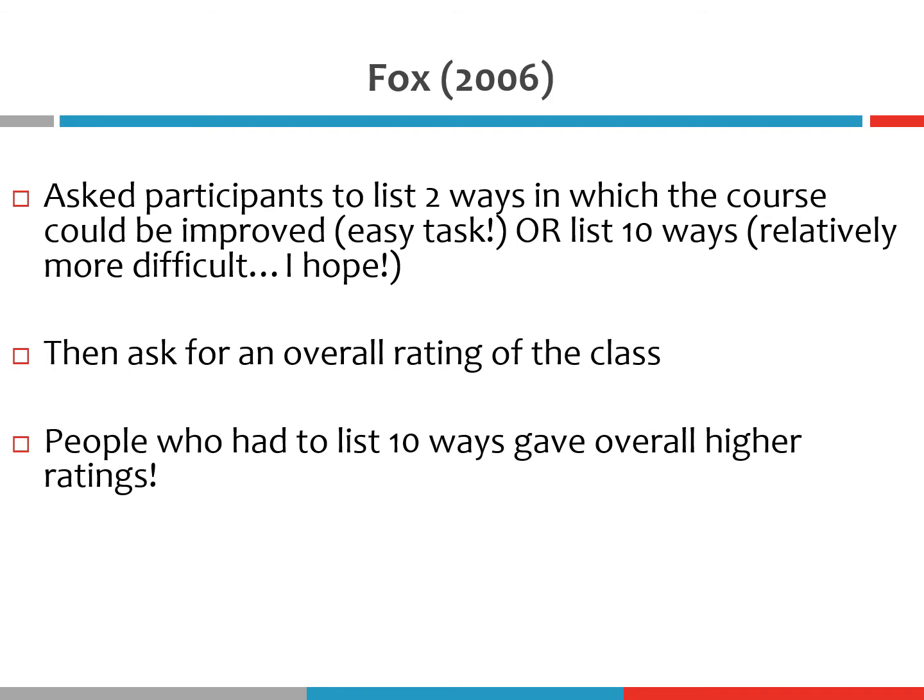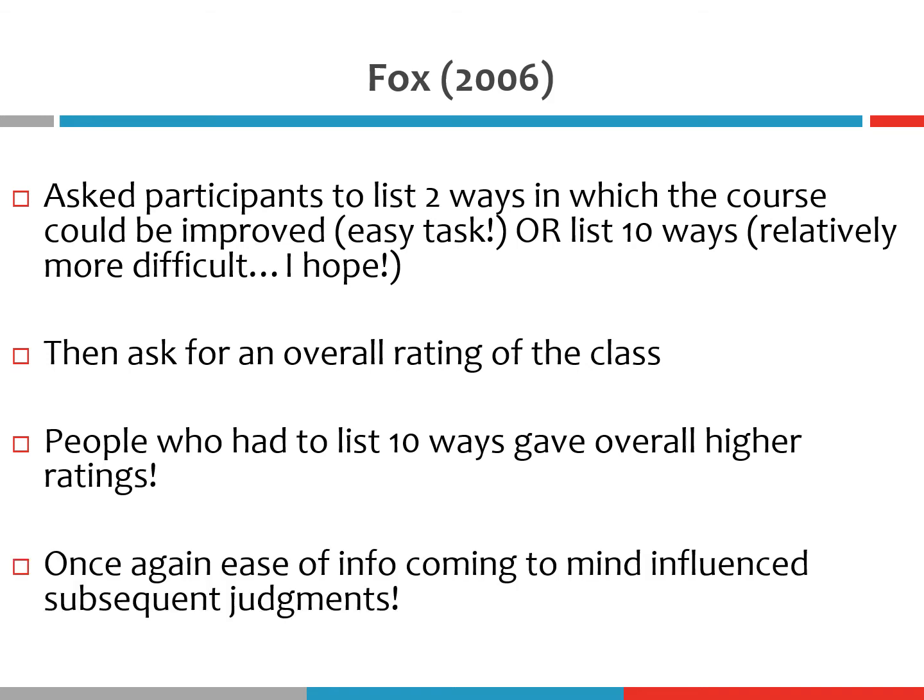And so because it was harder for them to think of instances where the course could be improved, they presumed that the course must have been a fairly good course. So once again, the ease with which information comes to mind influences subsequent judgments. In this case, your judgments about the quality of a particular college class.